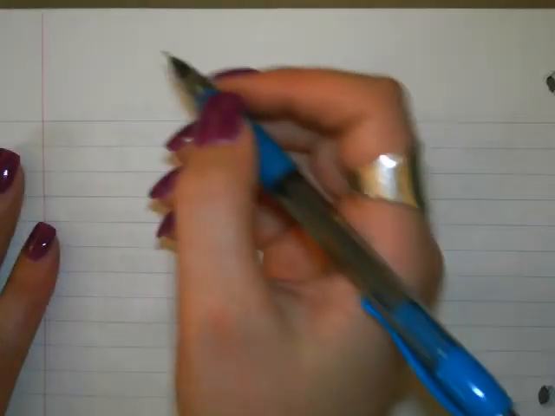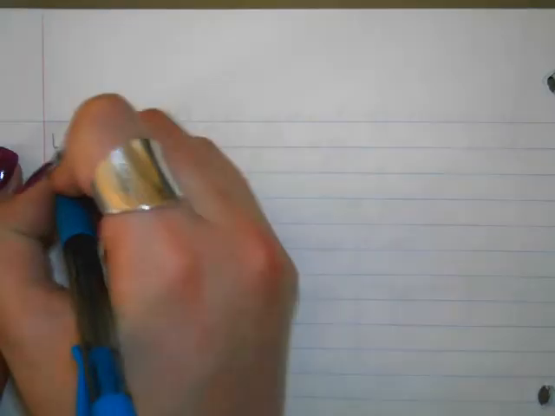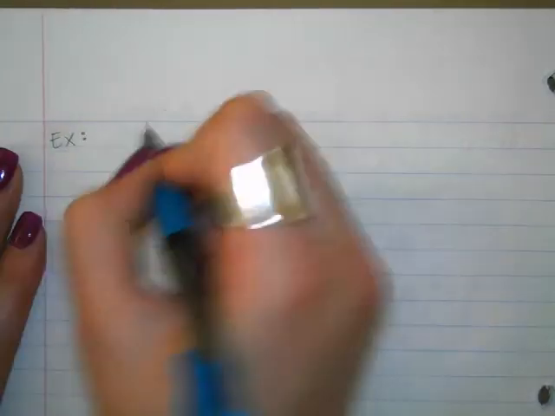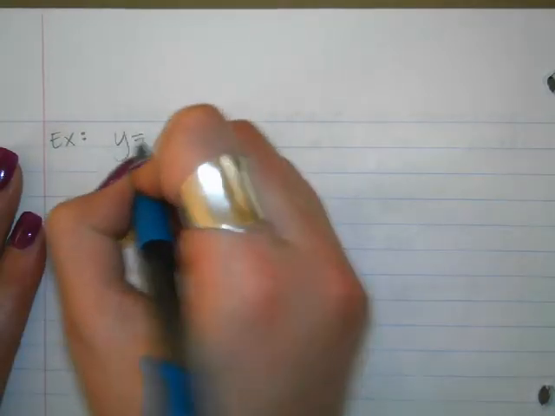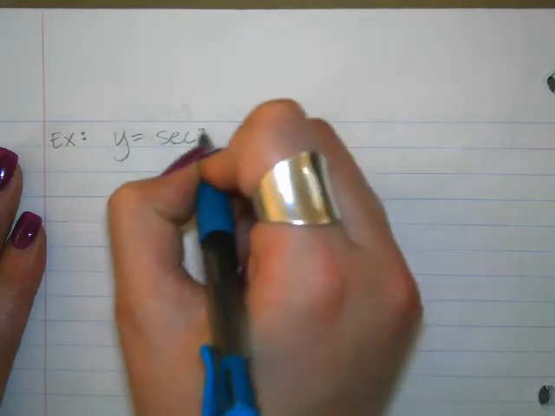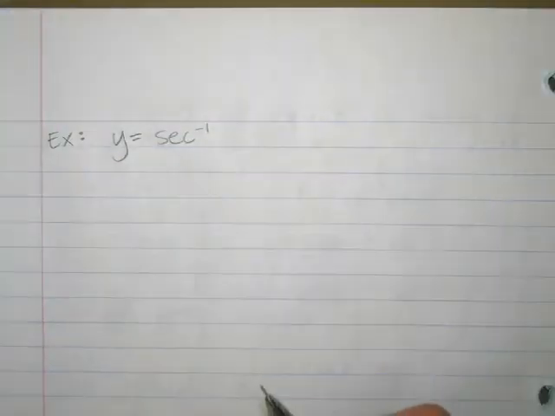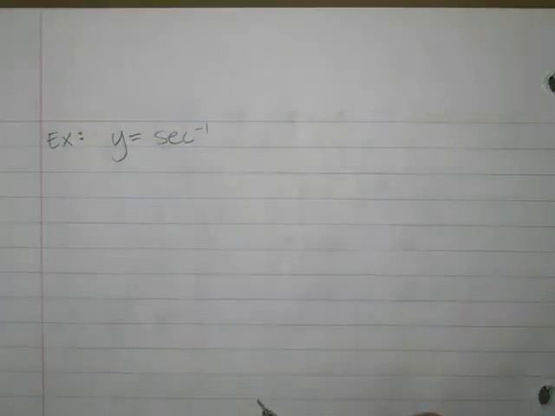All right, here's the next example. I want to show you guys one that has an e in it. This one is going to be y equals secant inverse. I've noticed that a lot of the problems are sine, tan, or secant, and I think that's because those are the ones that are commonly taken derivatives of.